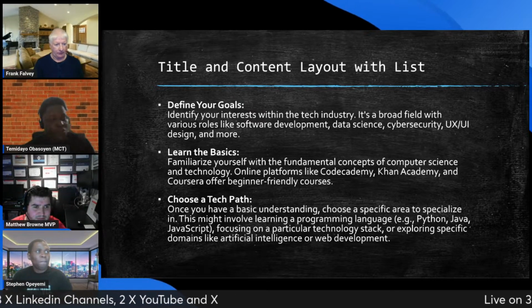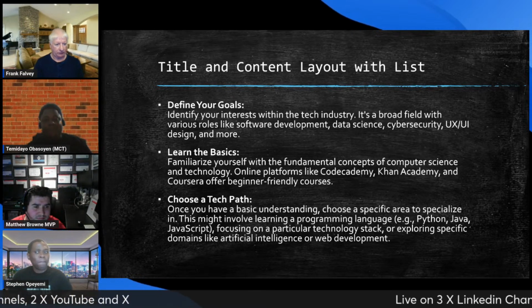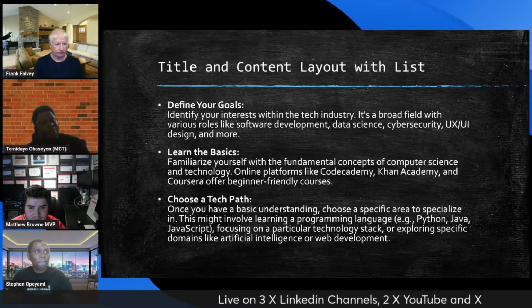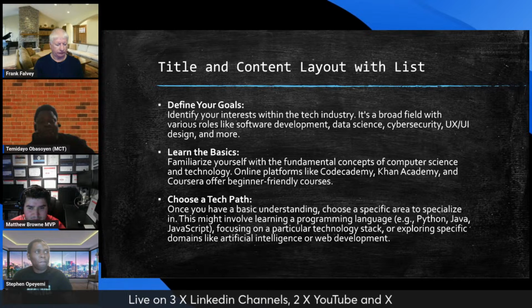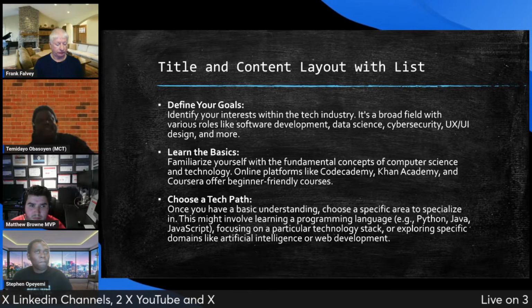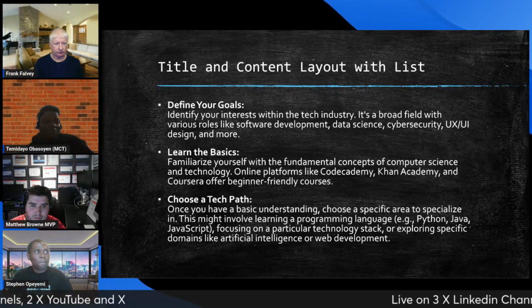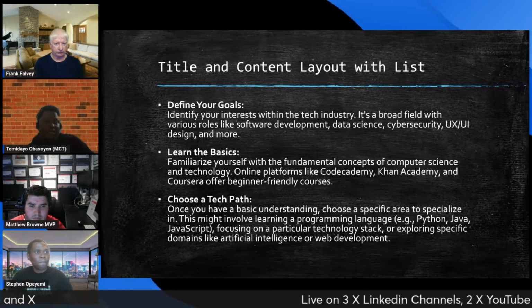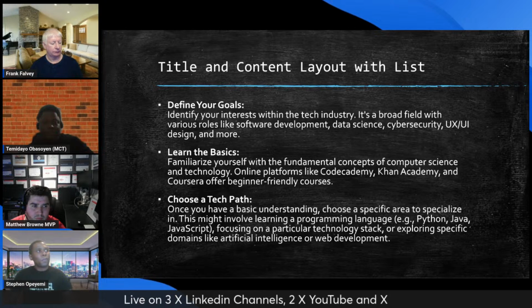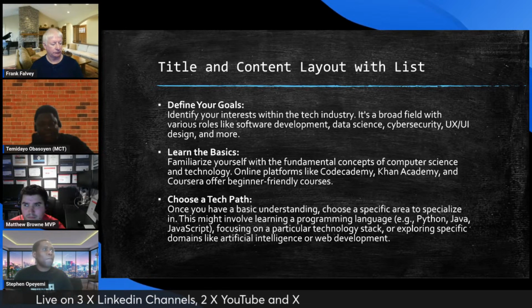It starts with you getting to know the basics, the fundamental concepts about everything that you want to learn, about the field or the sector you are pushing yourself into. Familiarize yourself with the fundamental concepts of computer science and technology. That is, if you choose to be the rookie or the one that wants to go to school, you want to get a degree for that.